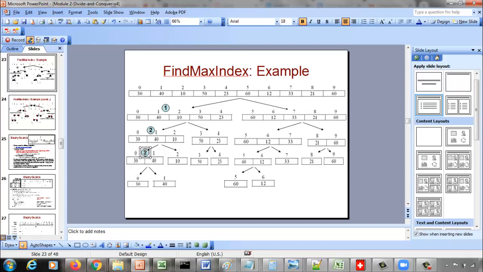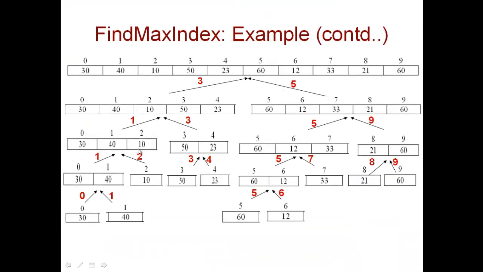That's the third recursive call, and then work on this subproblem, which is the fourth recursive call. So try to find the maximum within that one element array. This is when the left index equals the right index, which is 0. So you will be returning the left index, which is 0, as the index where the maximum element is within this subarray.